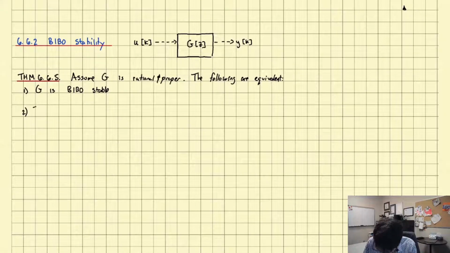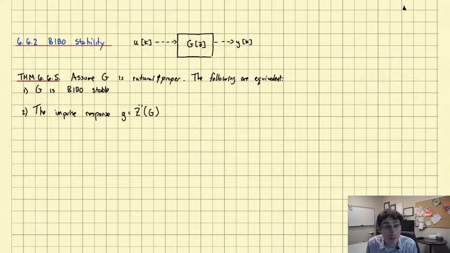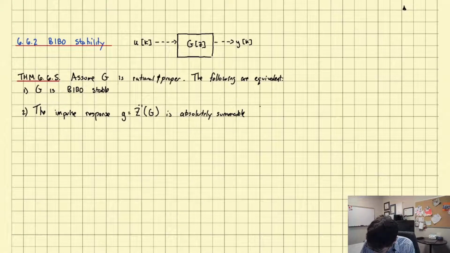The impulse response, remember that is the Z inverse of the transfer function G, is absolutely summable. So that means that the sum from k equals 0 to infinity of the absolute value of the impulse response is finite.